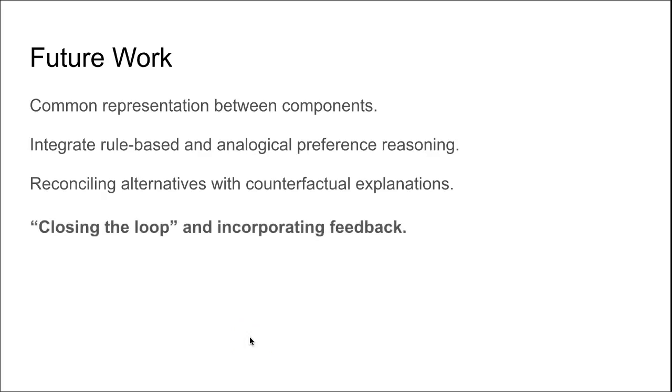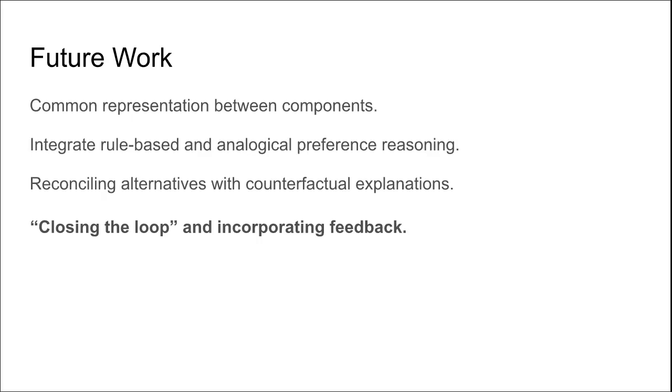So lastly, perhaps the most important is to close the loop. We'd like to allow the user to provide some feedback after the robot has given an explanation. Now, this feedback can be used by the system to improve any of the components, right? So, for example, the person may indicate that their preference is different in a particular context.